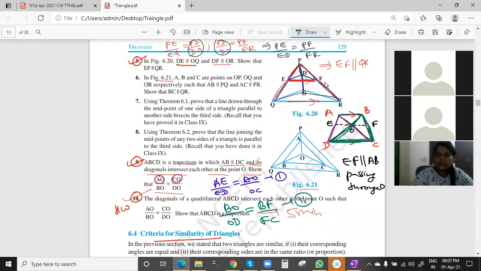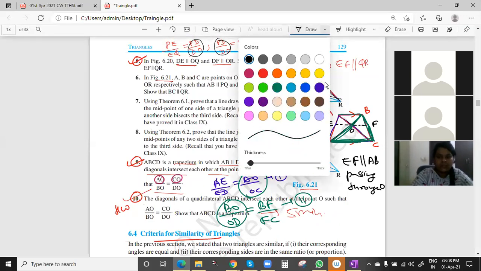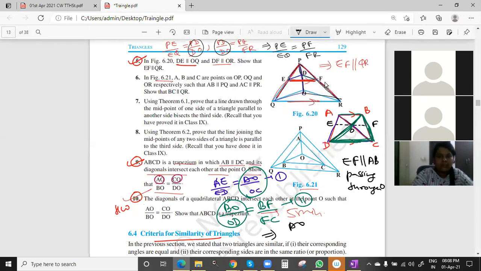Why? Because EF is parallel to AB, so EF is parallel to CD. So AE by ED will be equal to BF by FC. So ultimately we can say AO by OC equal to BO by OD. This is the final conclusion. And we can bring this BO below, so AO by BO equal to OC by OD.